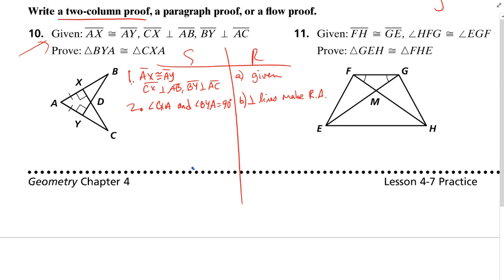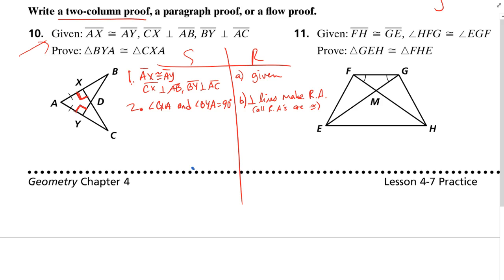I've got this angle with that angle, and I can also stick in here all right angles are congruent, which is sort of an obvious thing, but I'm going to write that in there because I needed to prove that I've got a pair of congruent angles. They happen to be right angles, but I'm going to use them.